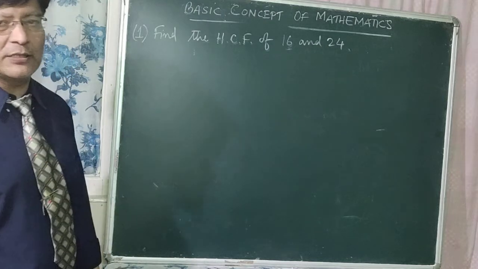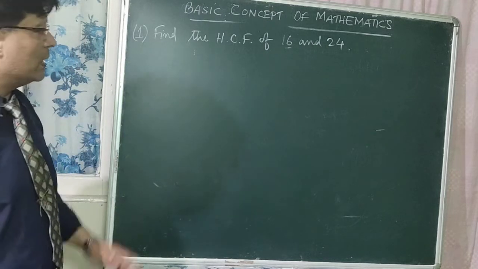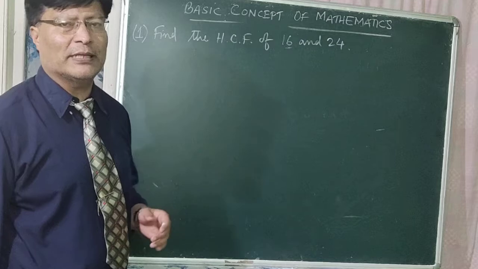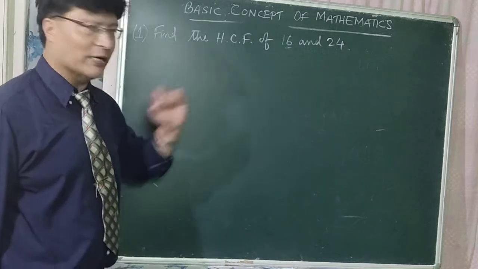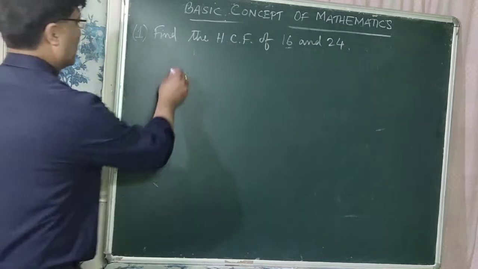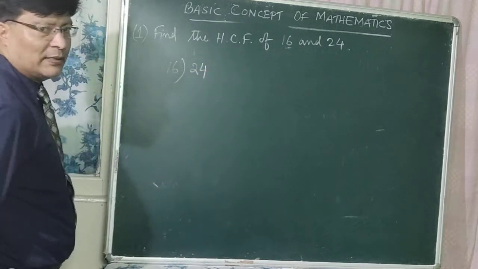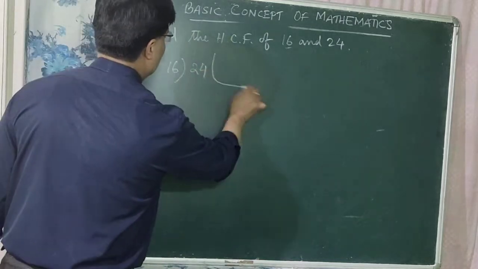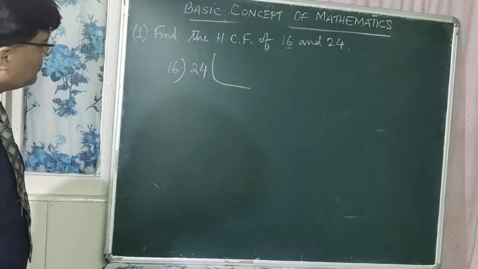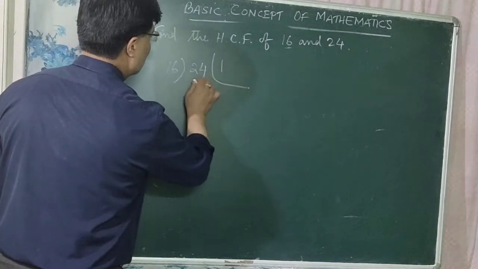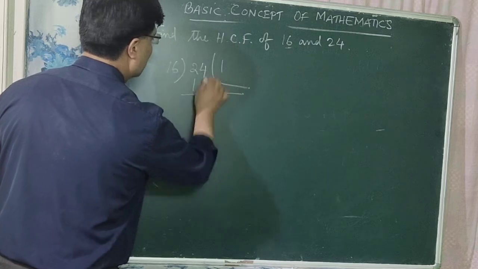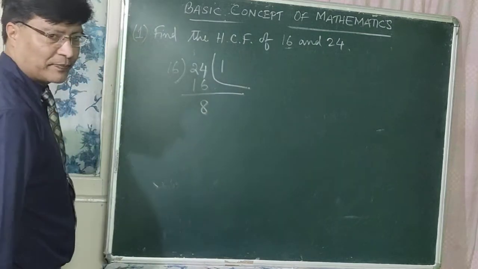So let us find it using the division method. Earlier I said I would also show a factor method; I will show the factor method afterwards. So let us divide 24 by 16. It is 16 ones are 16. So what is the remainder? 8. Right?